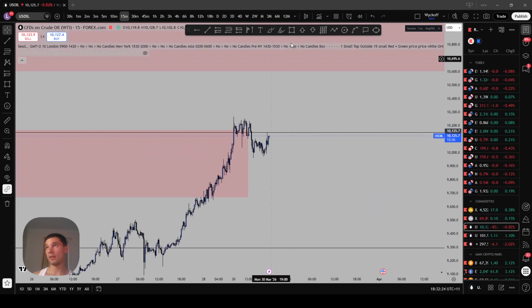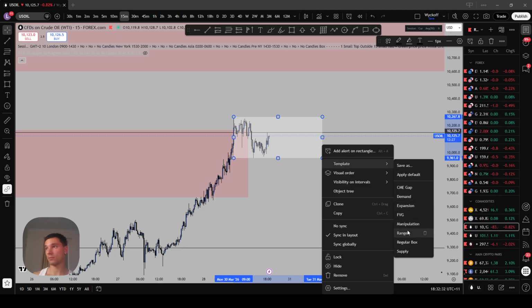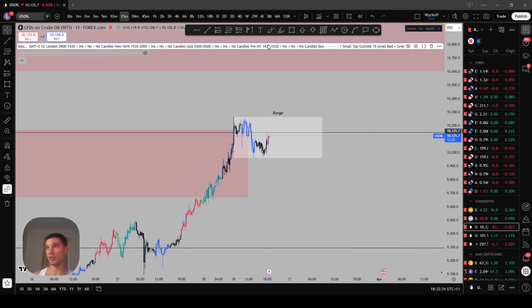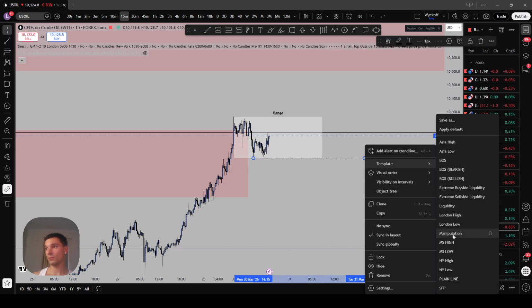Maybe we form a lower time frame distribution in here. That would be nice to see. We might even have some Asia lows there. Beautiful. Asia lows right below us. Great liquidity target.